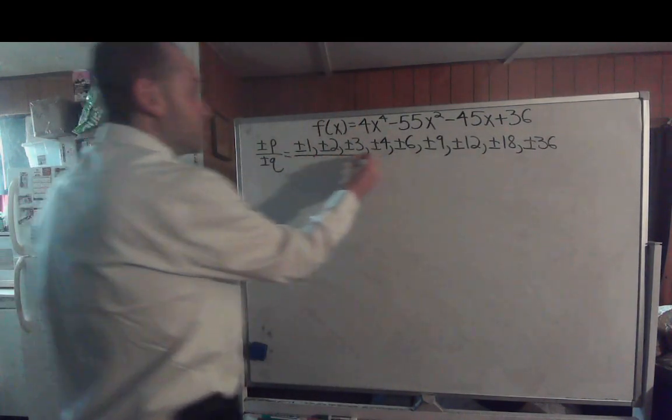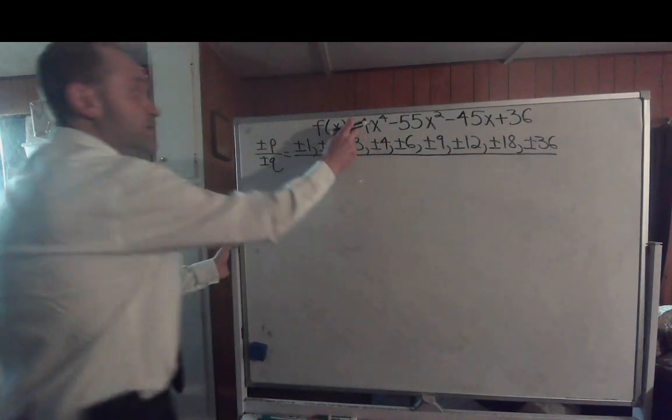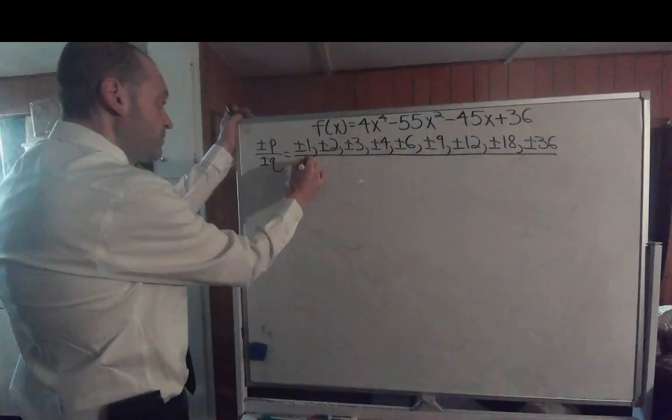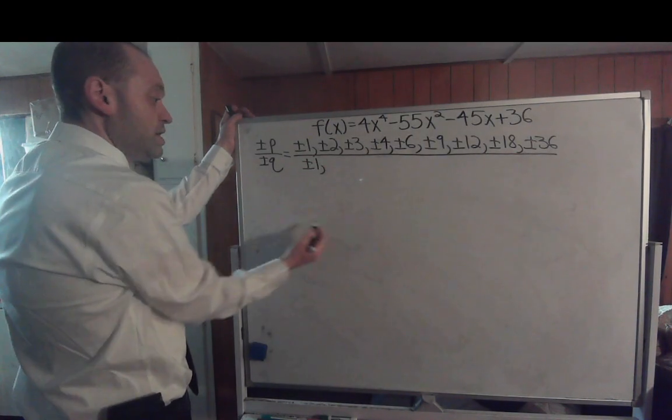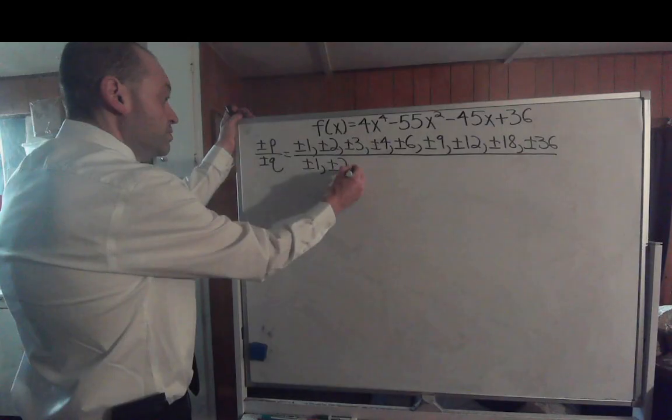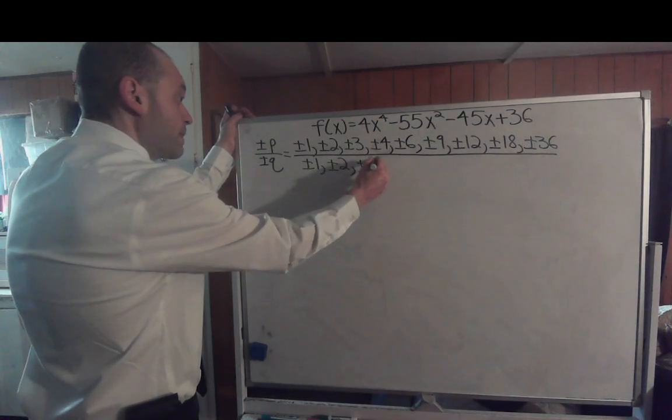All over your factors of q, which is your leading coefficient, in this case 4, factors of 4 are plus and minus 1, plus and minus 2, and then plus and minus 4.